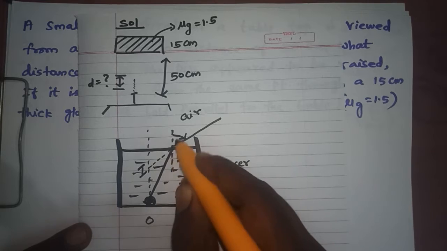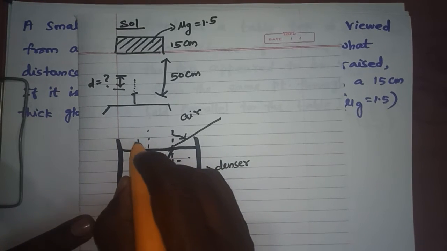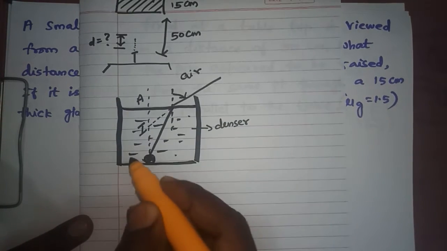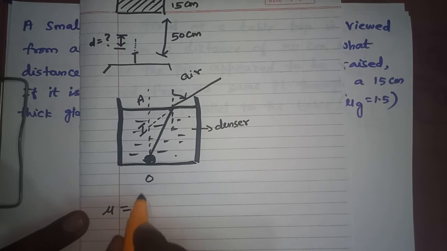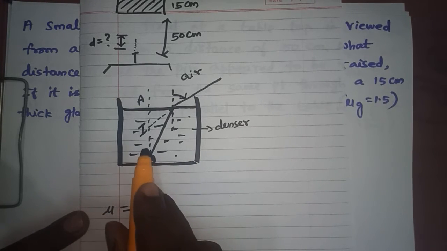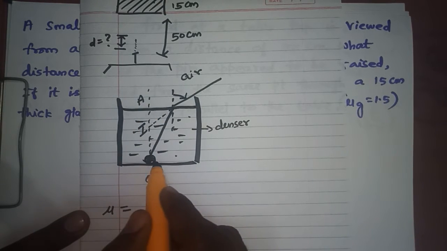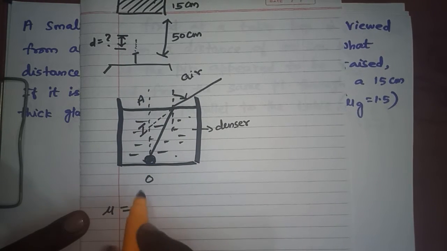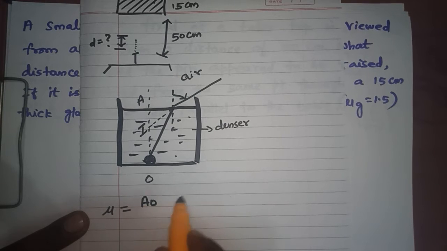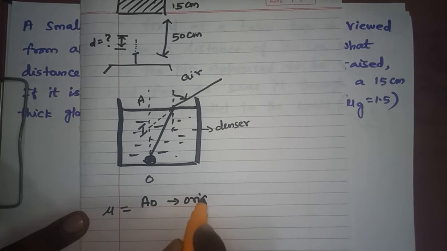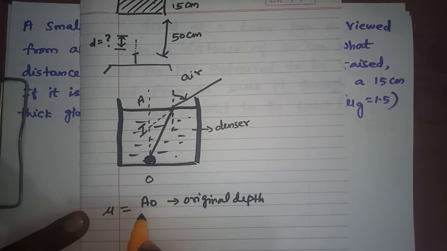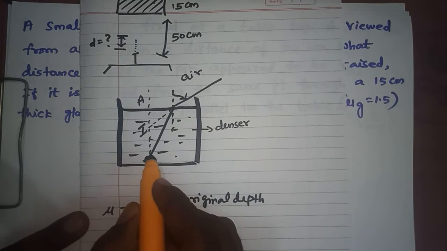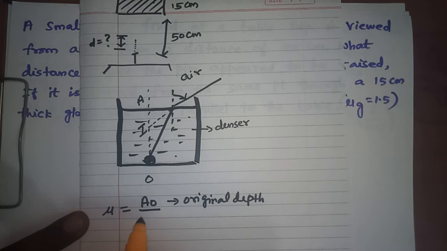According to the laws of refraction, mu is equal to the distance from the top to the bottom of the water, AO, which you call the original depth, divided by AI, which is your apparent depth.